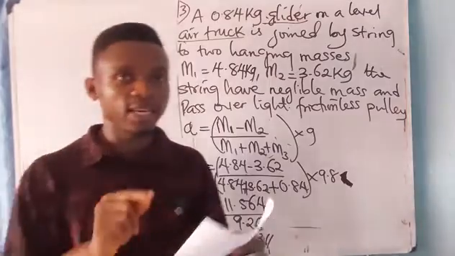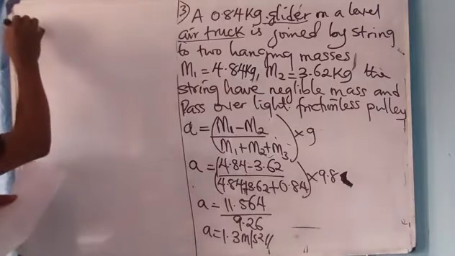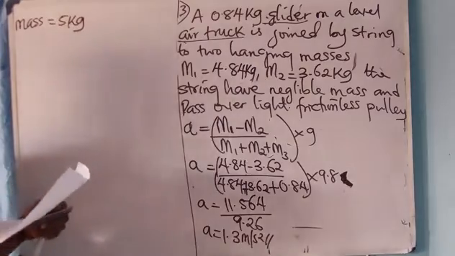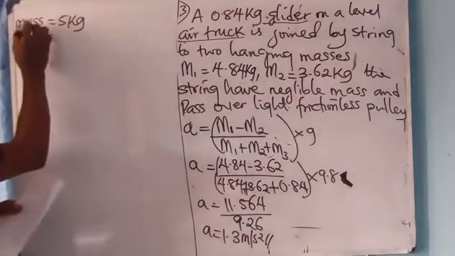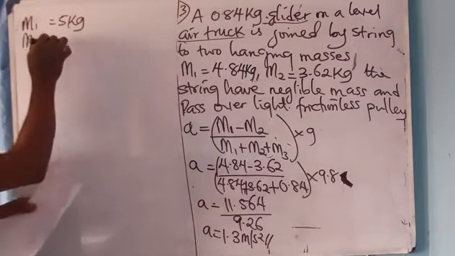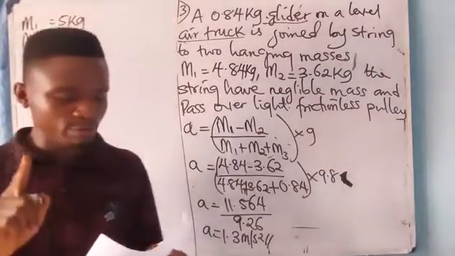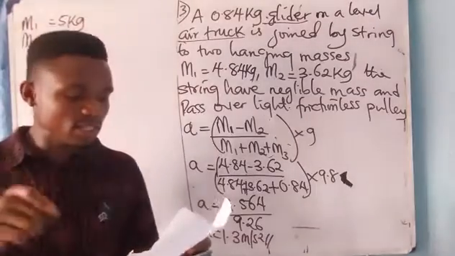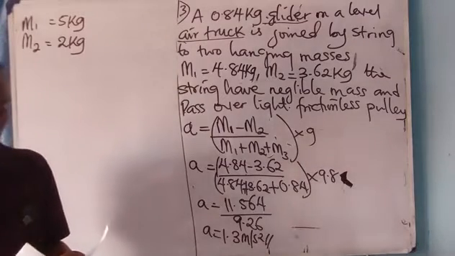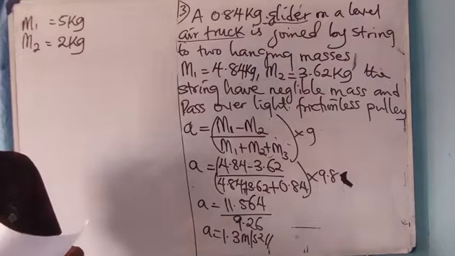Let me read. If an air truck glider of mass 5 kg is connected to a mass, so you see this one is M1, connected to a mass of 2 kg with a string over a frictionless and massless pulley, calculate the acceleration of the glider.